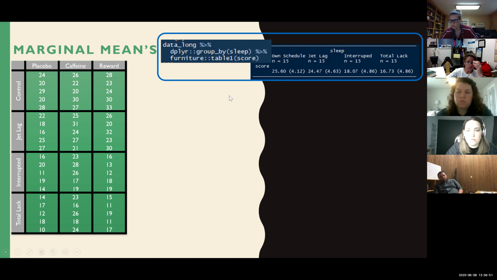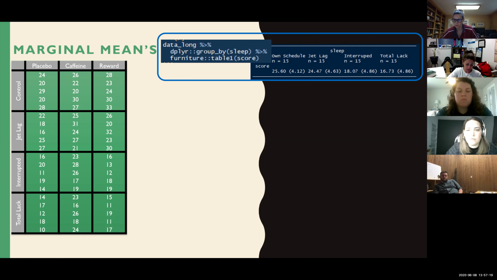Jet lag, average score was 24. Interrupted sleep, average score is 18. Total lack of sleep, average score is 16. Would you expect that? Does that seem reasonable? Okay. This is called marginal averages. These are the averages for the sleep groups collapsed across, or ignoring, stimulant.